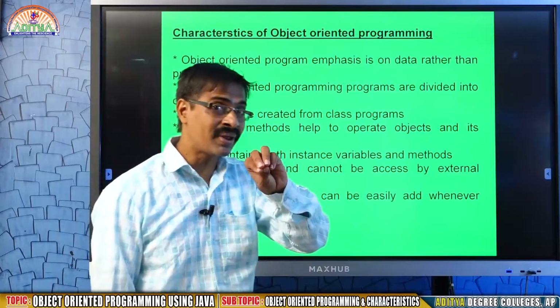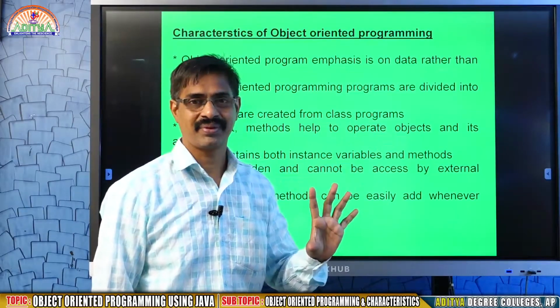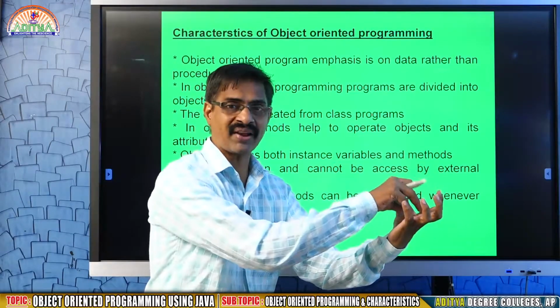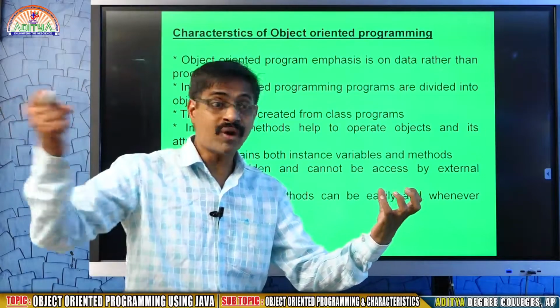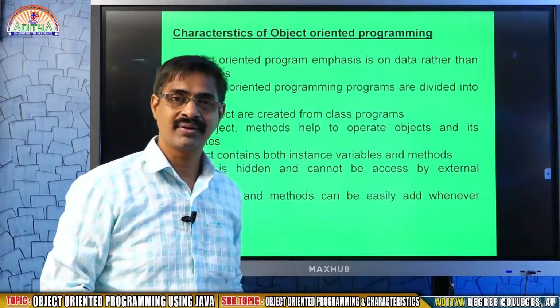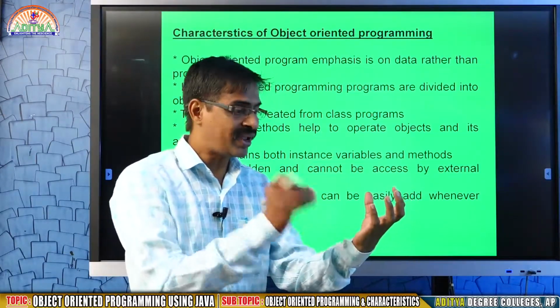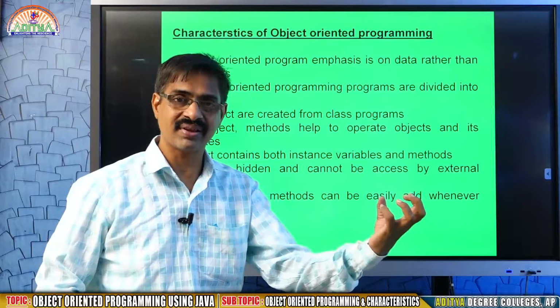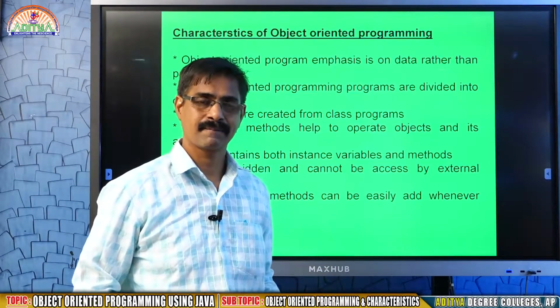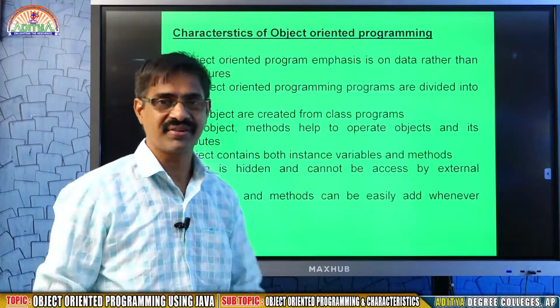But object-oriented programming concentrates on your data rather than the program. I have an object with my personal data. It means no one will access my data. I want to secure my data. Why did I create an object, why did I place methods and instance variables, everything inside the object? This means others never access my object.